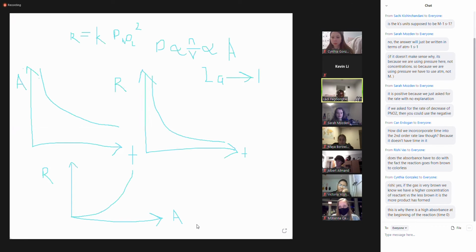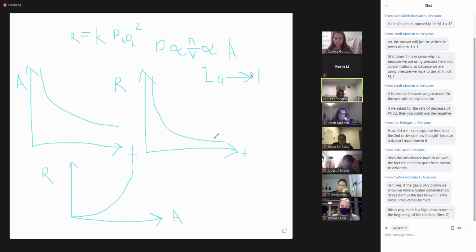So the way that I would do this is you can look at what you've done with these first two graphs, because in both of these graphs, you're comparing absorbance and rate to time. So we can use that fact to figure it out. When time was low, down here, absorbance was really high and rate was really high. Then over time, as time increased, absorbance got low and rate got low.